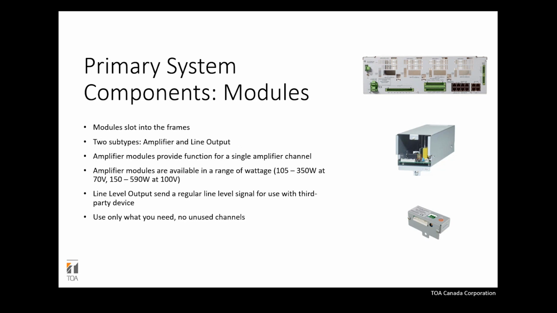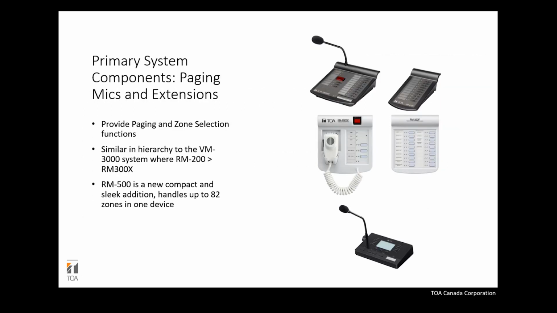There's no difficulty of speccing an 8-channel amplifier for a 6-channel project, where 2 channels are not used. You only get what you need. You can spec whatever you need, as long as you're within the parameters of the power requirements of your project. Let's move on to the paging mics and extensions.